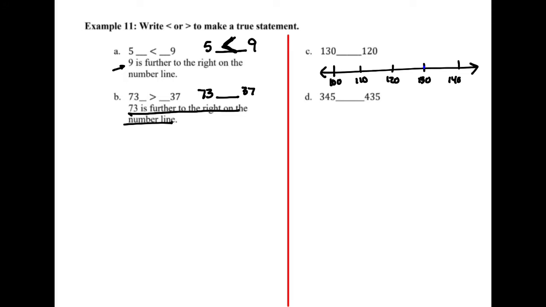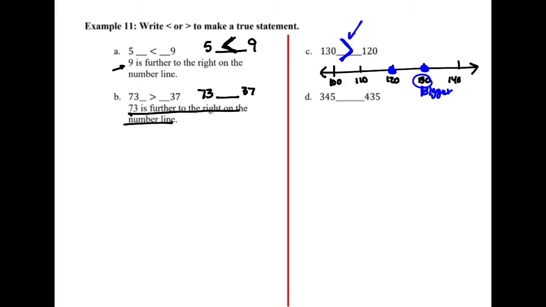Okay, so 130 is here, and 120 is right there. So 130 is the bigger number because it's further to the right, which means it's going to have the bigger side of the inequality symbol. So you would read this one, 130 is greater than 120.